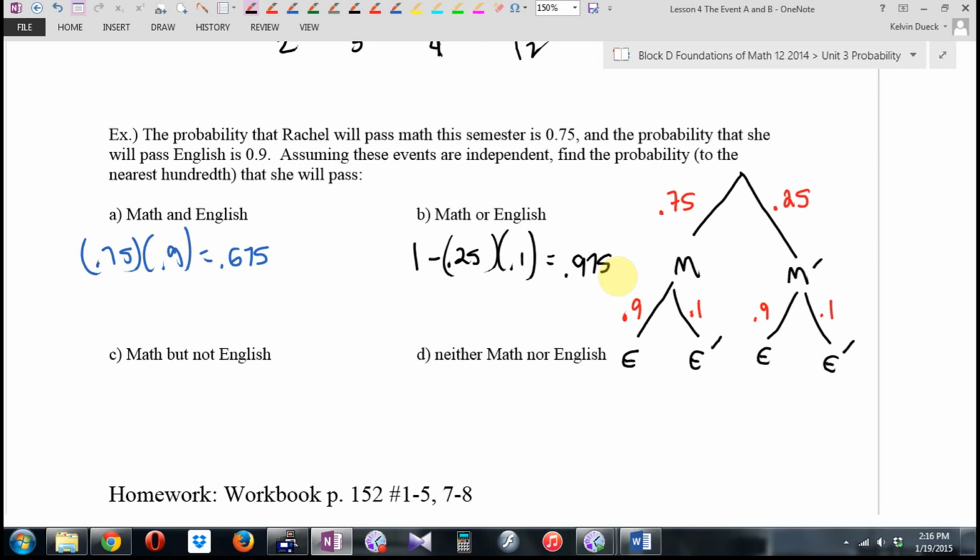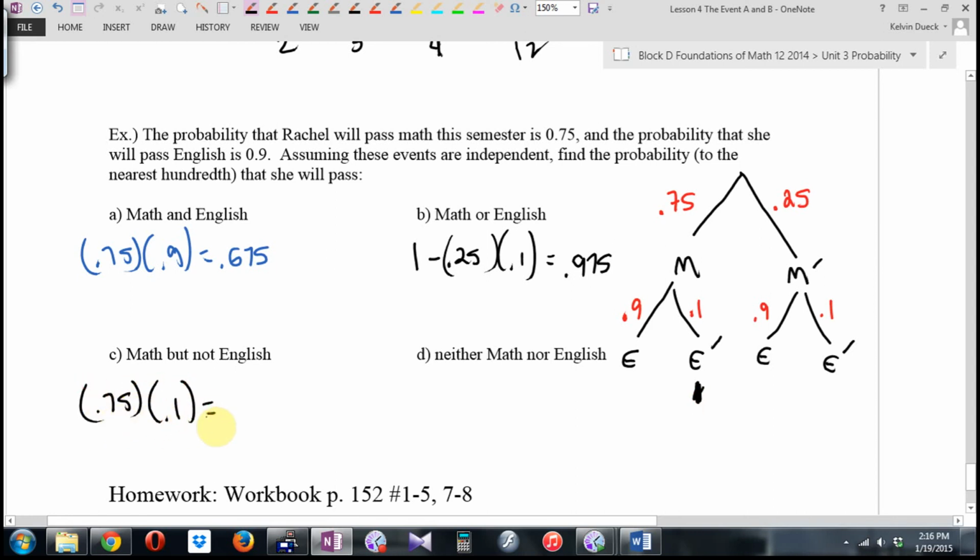Math, but not English. That's this branch here, right? 0.75 and 0.1. I think that's going to be 0.075. D, neither.